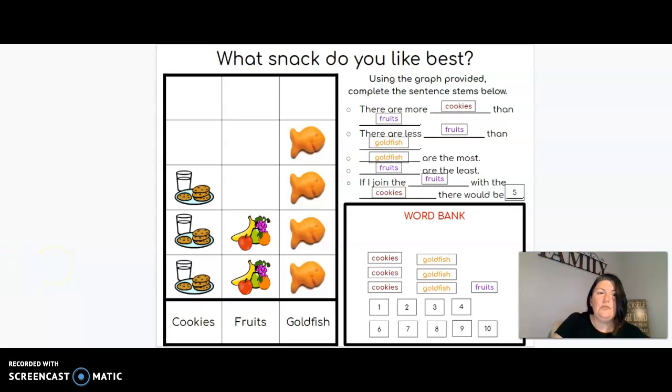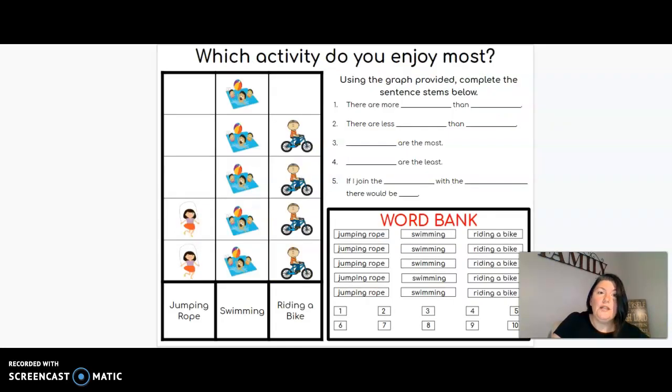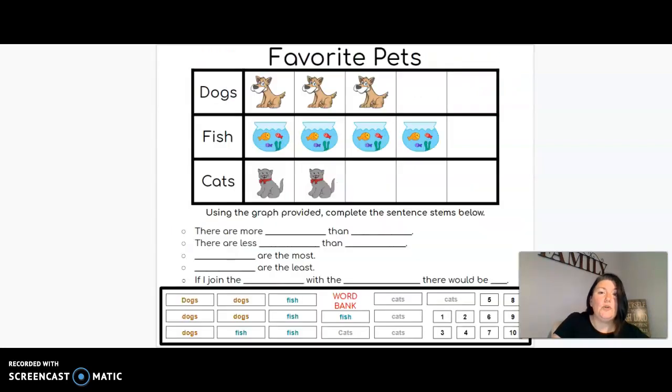I want to show you now a couple of graphs that you're going to be doing by yourself. Our first one is a vertical bar graph of which activity do you enjoy most? Jumping rope, swimming, or riding a bike. We have a horizontal graph that you're going to complete using the same drag and drop that Miss Langford just showed you about favorite pets, dogs, fish, and cats.